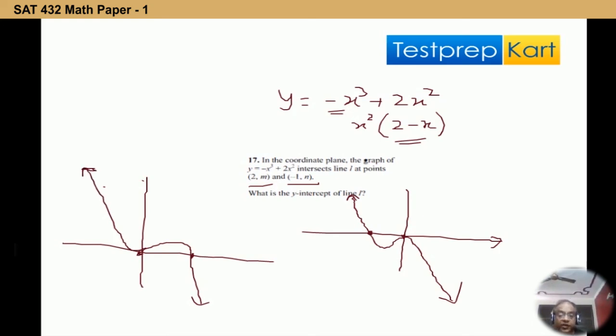Okay, this point is 2, 0, and this point is 0, 0. Okay, so the graph is like this. Now it intersects the line L at the points 2, m and minus 1, n. So there is some line. It is cutting the graph at 2, m and minus 1, n.